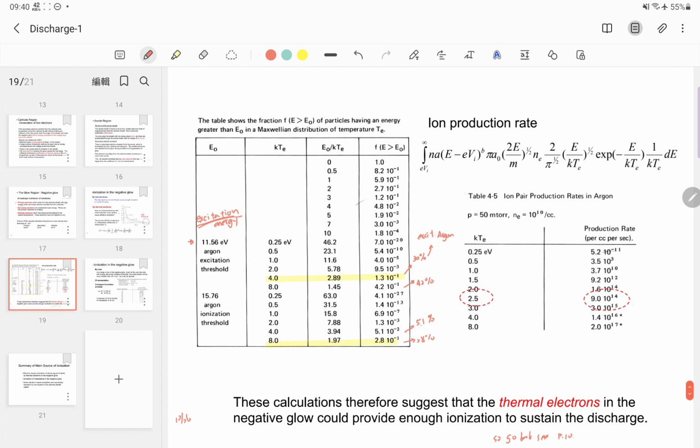And in the negative glow, even though there are fast electrons, very high energy fast electrons, their concentration is too low, so they cannot contribute 100% of the ionization.